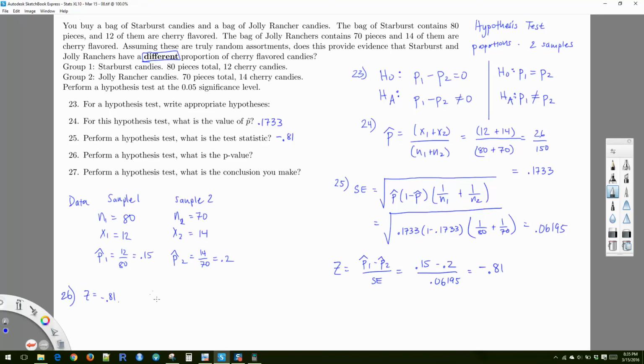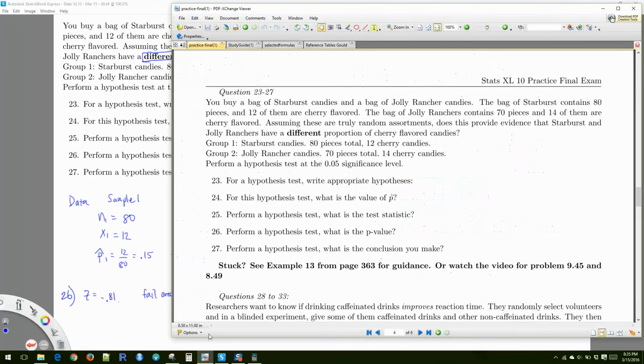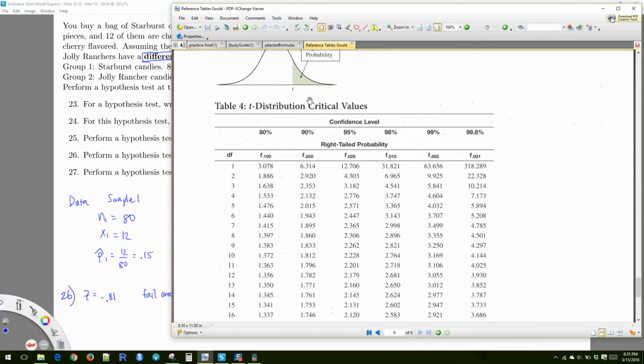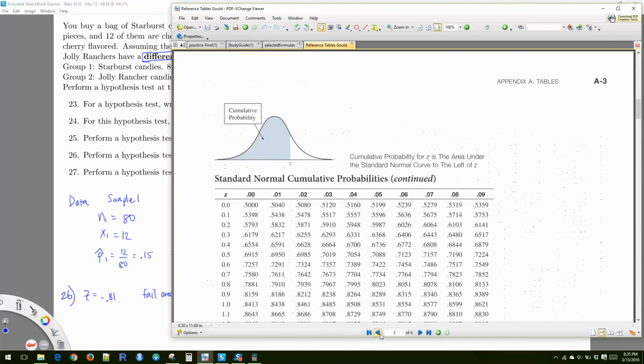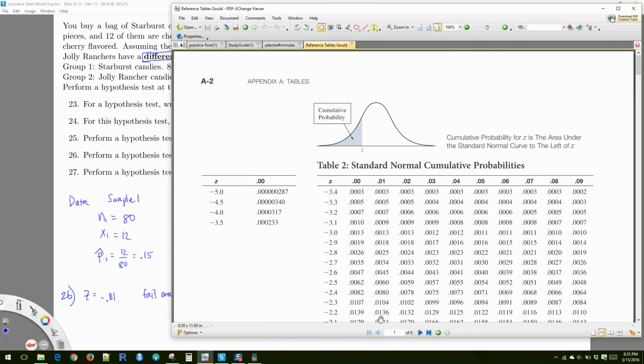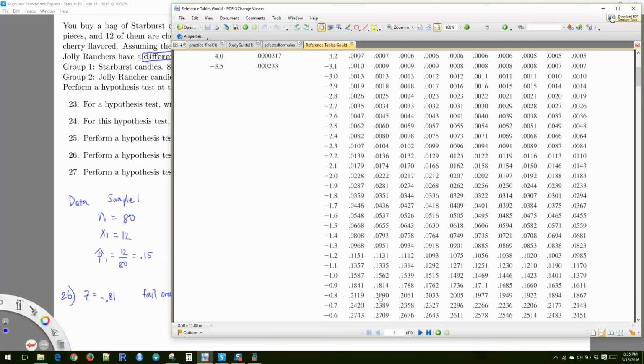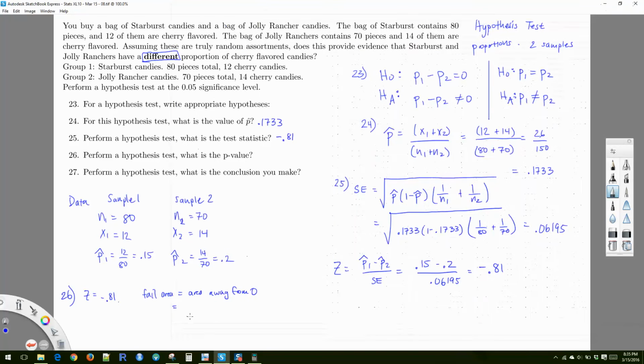We want the area away from 0, okay? So the tail area is equal to the area away from 0. I look up negative 0.81, and the number I get is 0.2090.